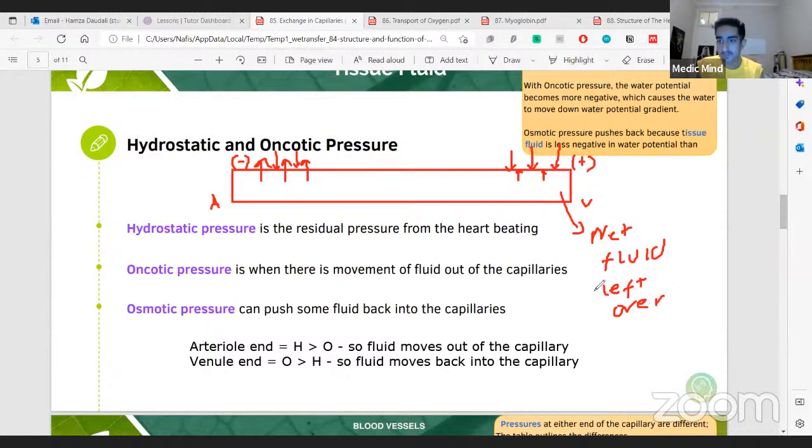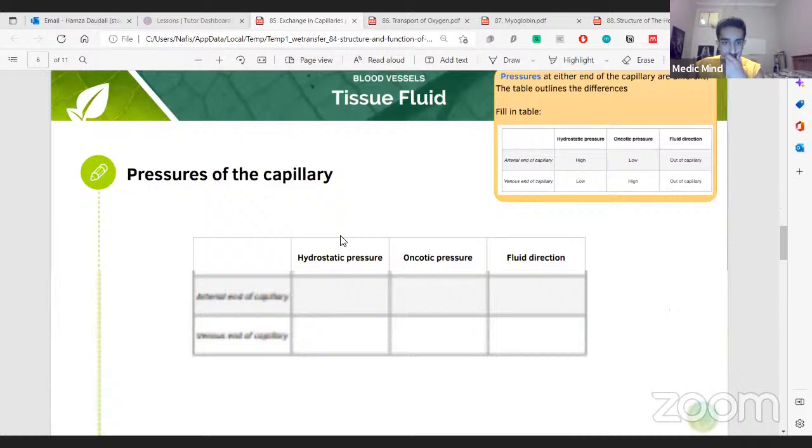Again, I'm going to give you a whiteboard of core information you need to know about this. But there's net fluid left over, and this net fluid we now call lymph. And lymph is reabsorbed into your lymphatic system, which is a blind-ended system.